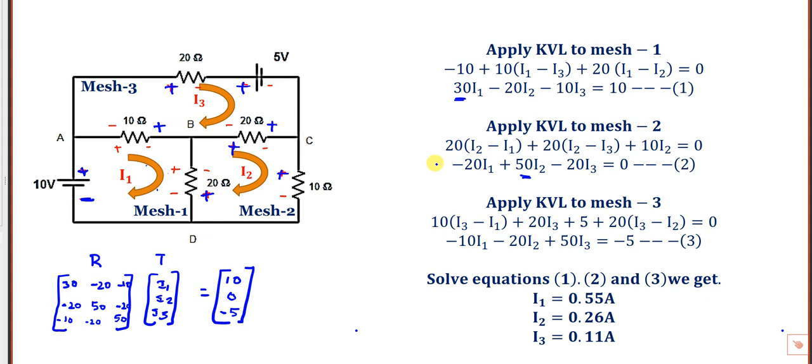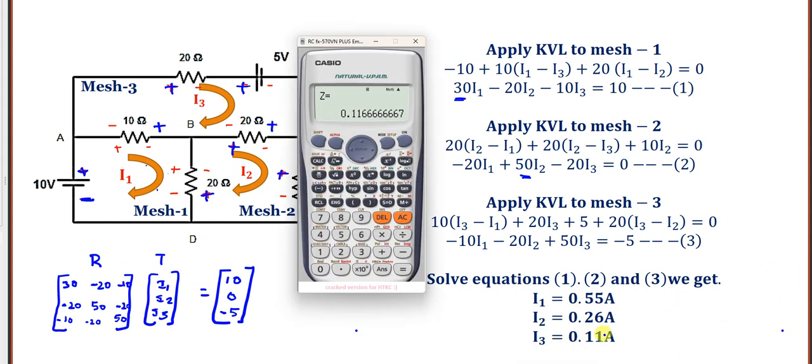You'll get the same three equations only. You can multiply throughout by negative and you'll get the same answer, because when you bring all the terms after the equals sign, plus 30 becomes minus 30, and so on. After solving the same three equations, you are going to get I1, I2, I3. Take the equation mode and type 30, minus 20, minus 10 in the calculator, as I already explained.